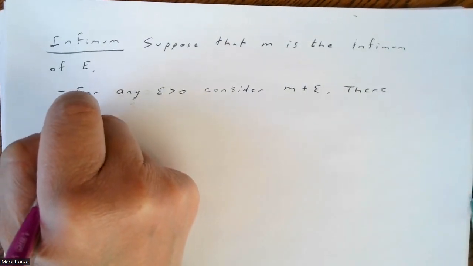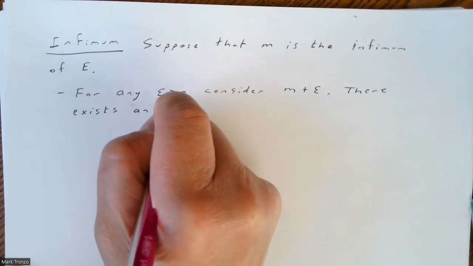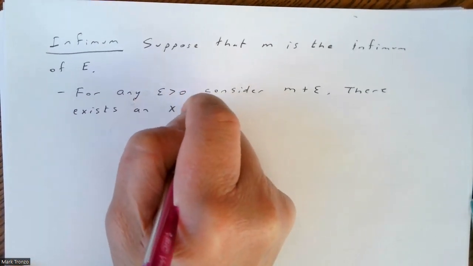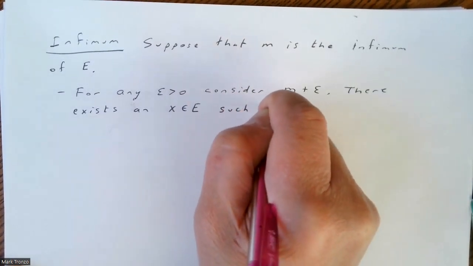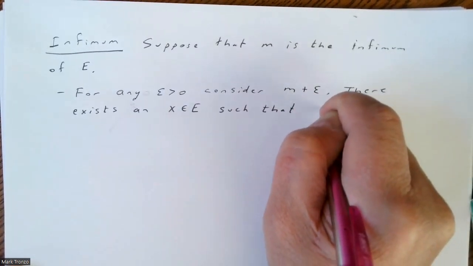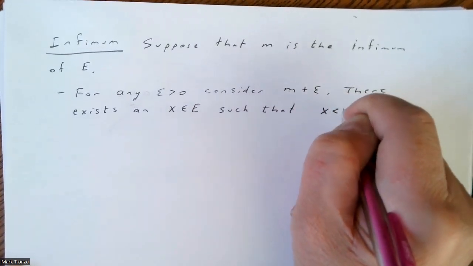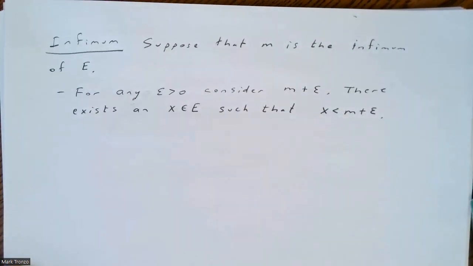There exists an x in E such that x is smaller than M plus epsilon.